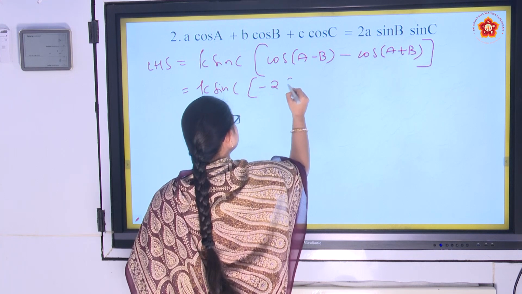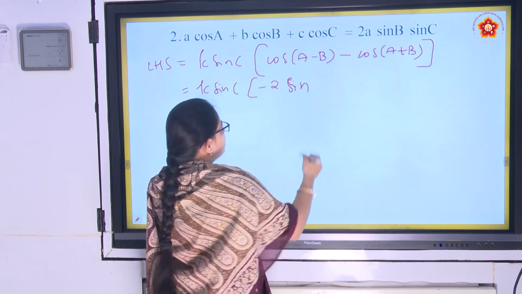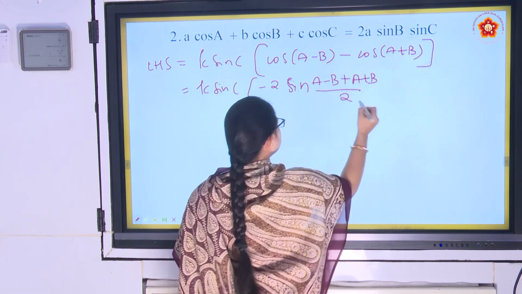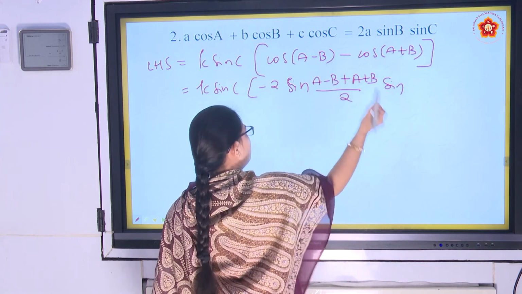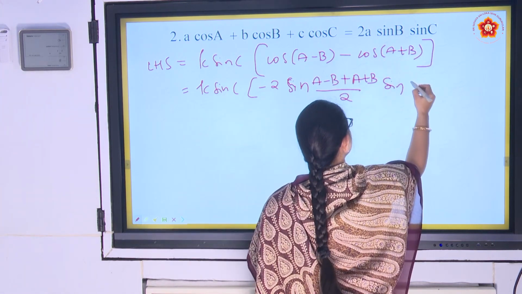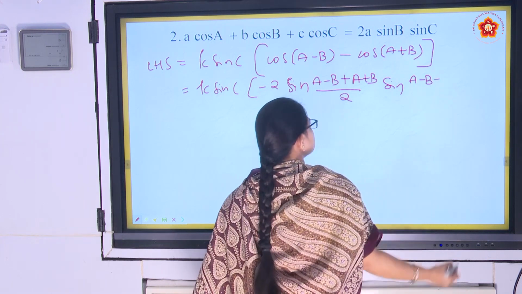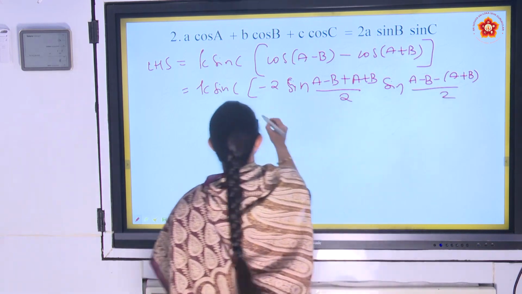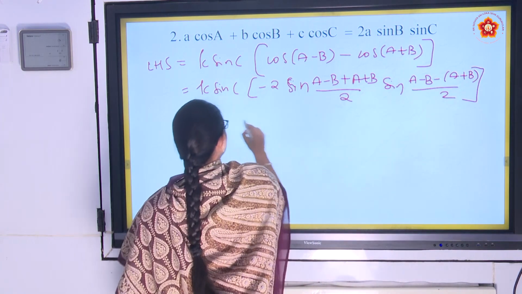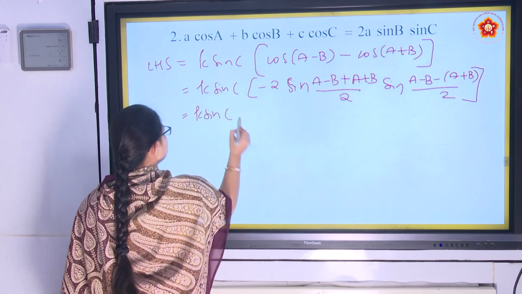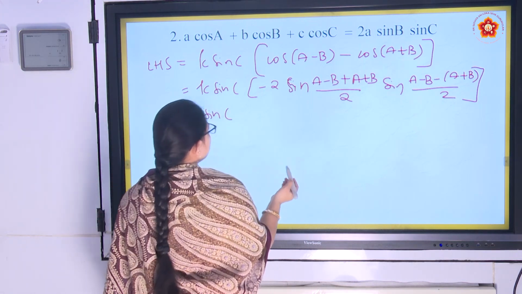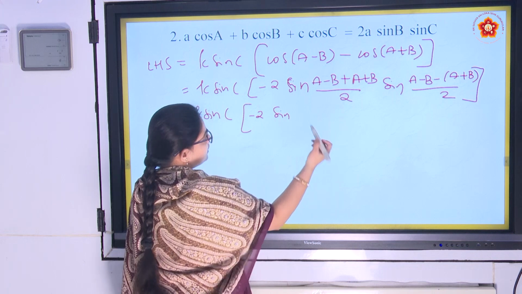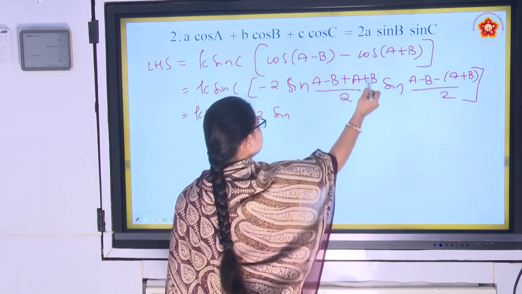So we have minus 2 sin of ((A minus B) plus (A plus B)) by 2, sin of ((A minus B) minus (A plus B)) by 2, which is equal to K sin C into minus 2 sin, so A plus A is 2A, minus B plus B is 0.